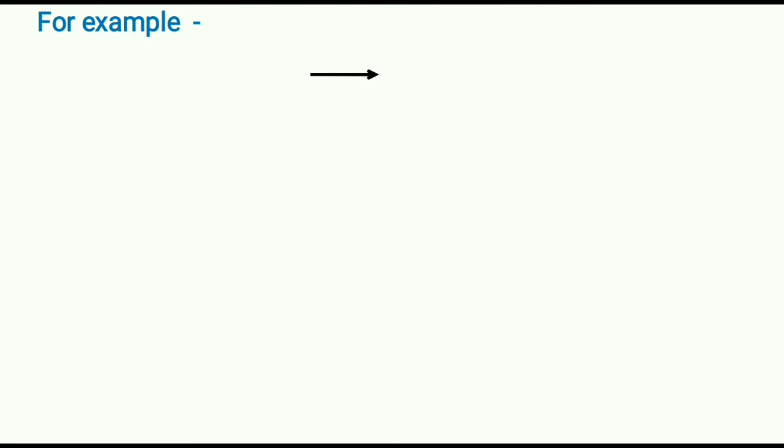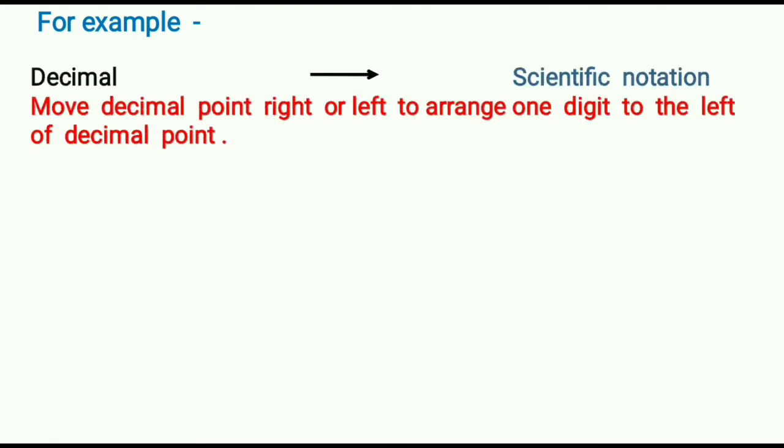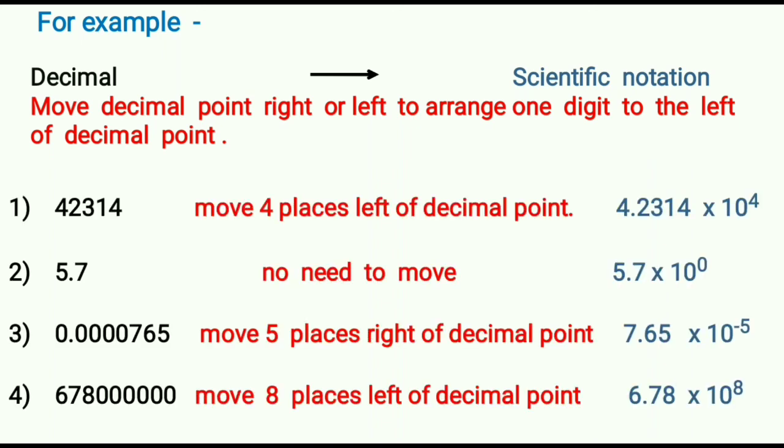For example, there are some decimal numbers to change into scientific notation. Remember to move the decimal point right or left to arrange one digit to the left of the decimal point. Number 1 is 42314. We have to move 4 places left of decimal point.